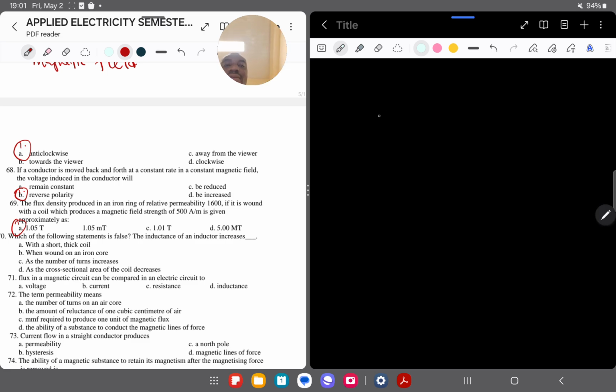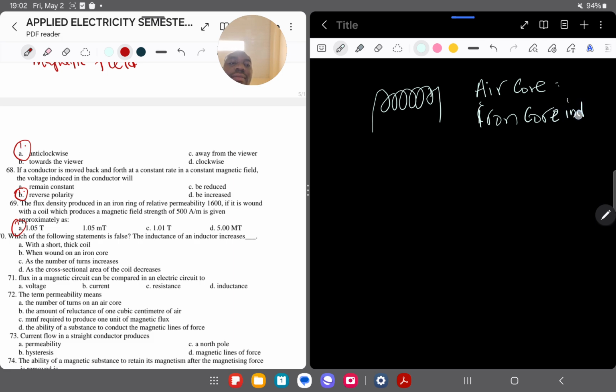So you have a coil of this nature. We tend to have air core, and then we have iron core inductors.